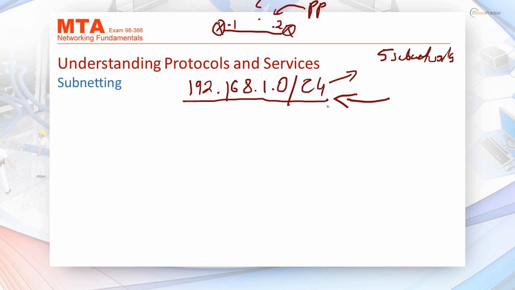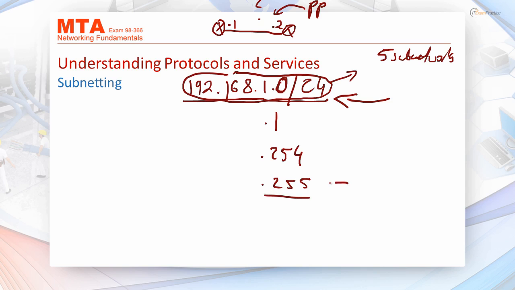How many IP addresses can I get in a network like that? Do you remember? 0 is network. Yeah, we start with 1. What is the last IP address? The last usable IP address is 254. And 255 is a broadcast address.